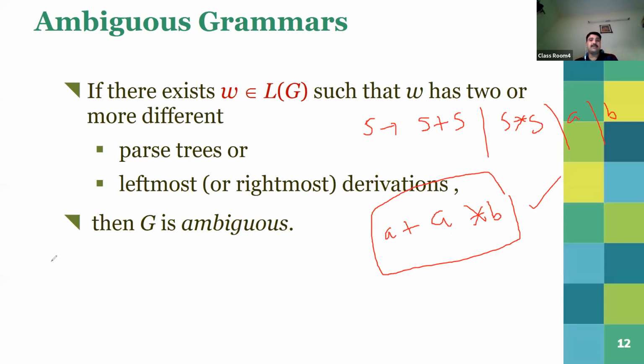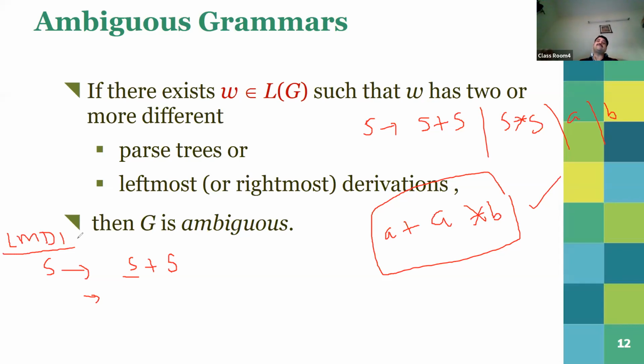For example, in this case, start with S, that is S + S, the first production. Now we are going to find the leftmost derivation. In this case there are two variables, S and S, so we expand only the left one because it is a leftmost derivation. As I already told you, you have to calculate more than one leftmost derivation.